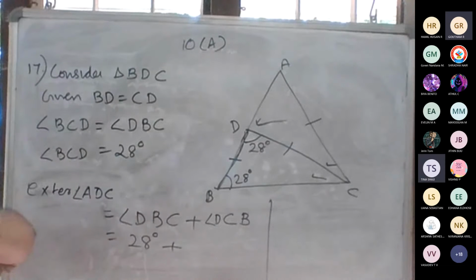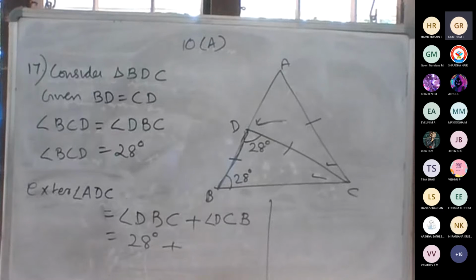Ma'am, that angle BCD on the board is written 28 degrees, but in the diagram angle BCD is not there.